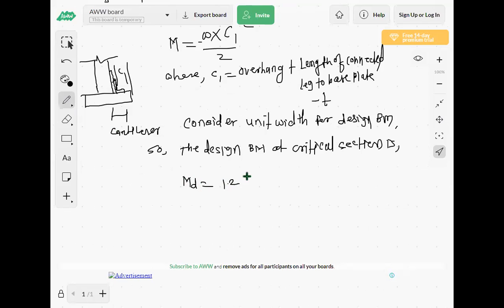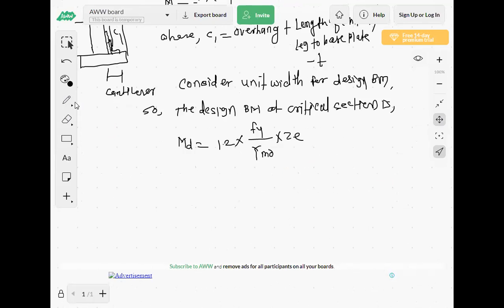MD is equal to 1.2 into Fy divided by gamma m naught into ZE. Here ZE is the elastic section modulus, and here we have to calculate thickness. ZE is nothing but I by Y, and I is the moment of inertia about the x-axis, which is BD cube by 12, and Y is D by 2.